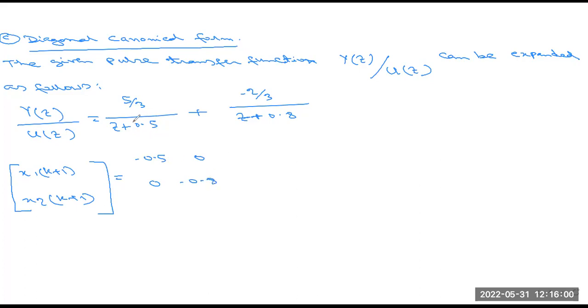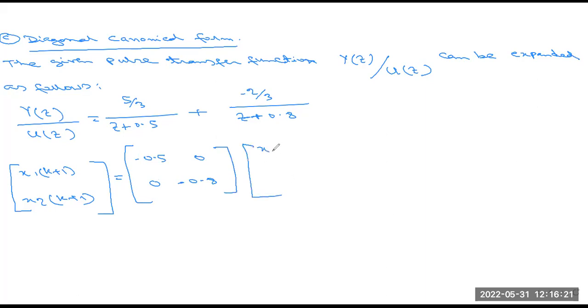So the first one is z equal to minus 0.5, another one z equal to minus 0.3. This is the diagonal canonical form, so the off-diagonal entries are 0 and 0. That's why it is called the diagonal canonical form.